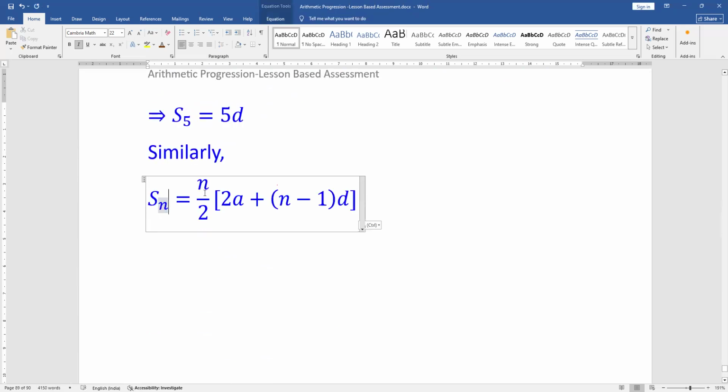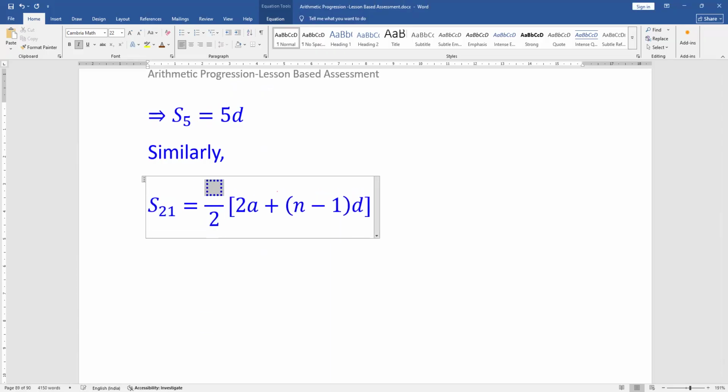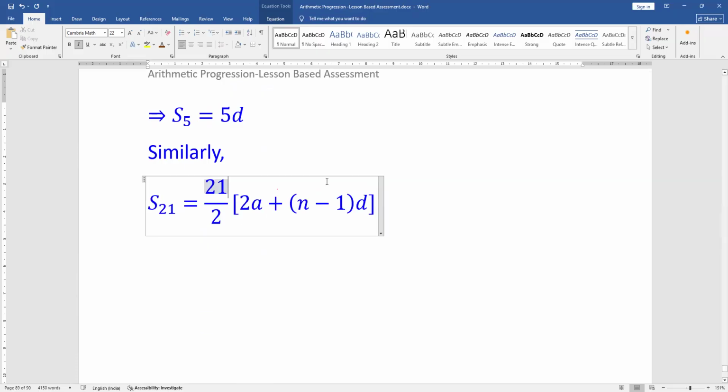Instead of this one, we should take S21, so we need to write that 21. Wherever n is there, put 21. Here also put 21. Then next step.